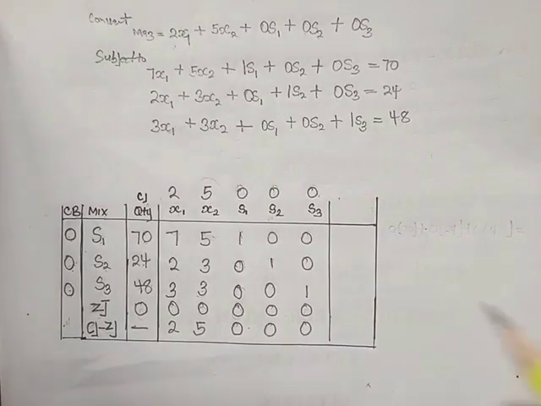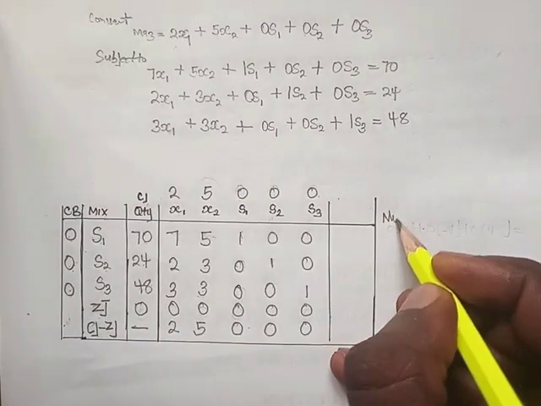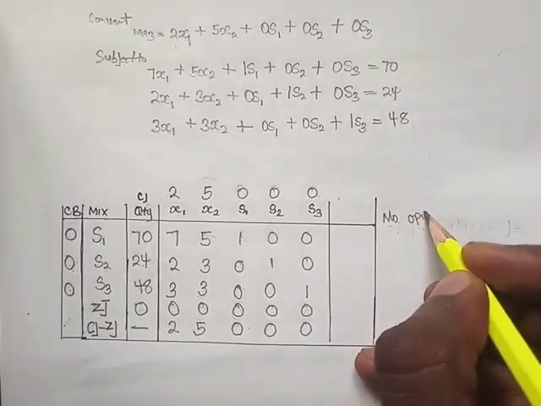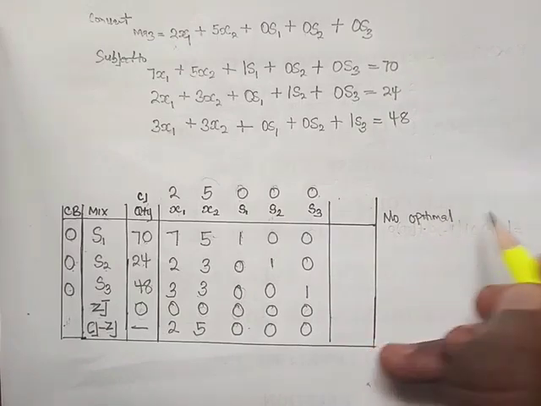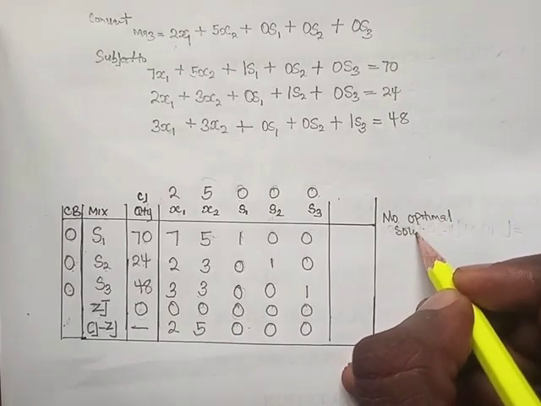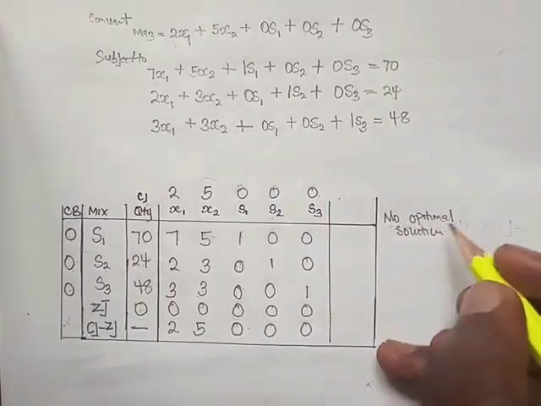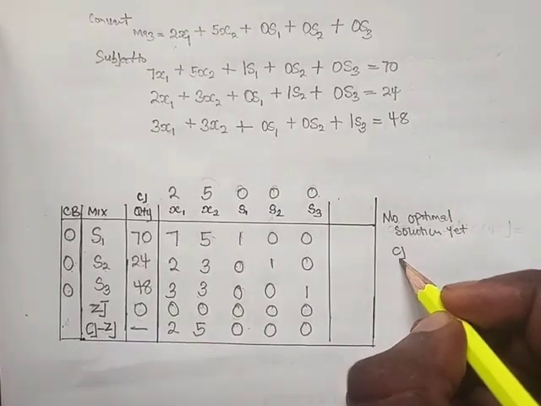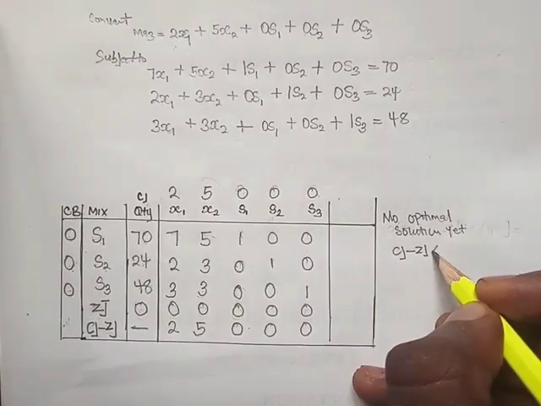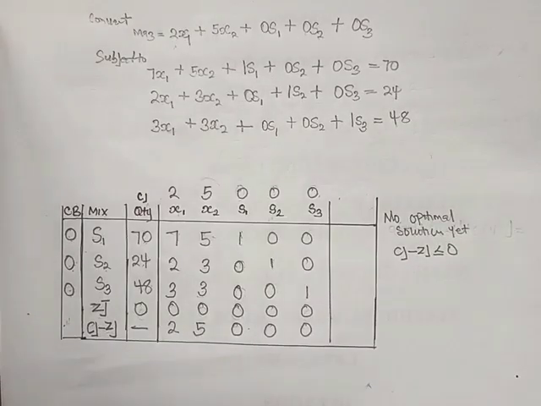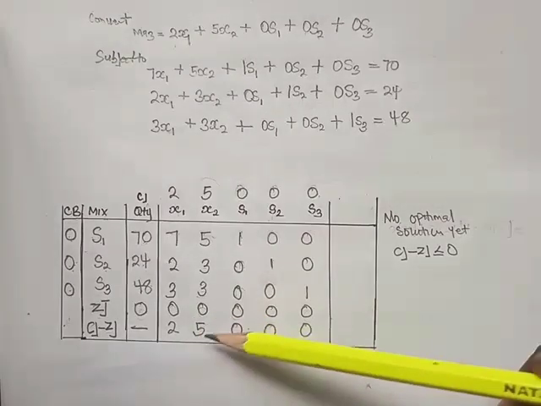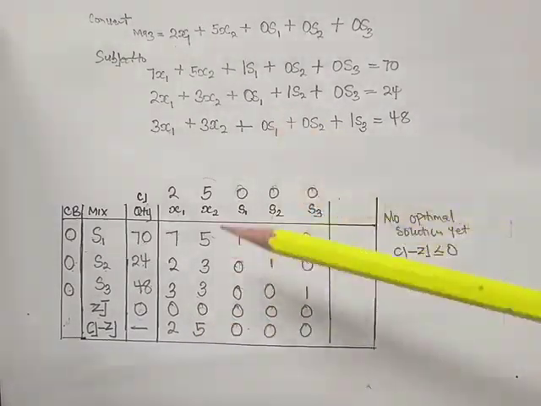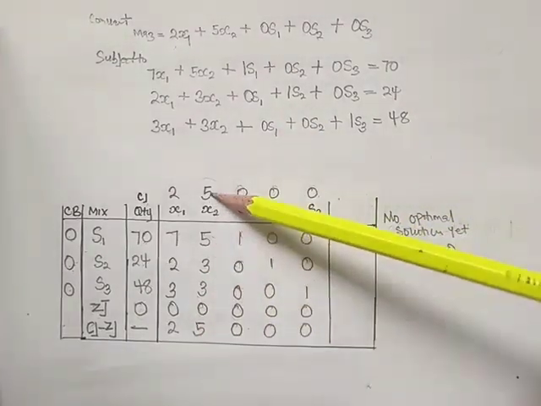Now, if you could notice, we have not reached an optimal solution yet. No optimal solution yet, because our Cj minus Zj is not less than or equal to 0. Assuming we had minus 2 and minus 5, fine. Assuming everything is 0 and 0, that means we have arrived at an optimum solution.